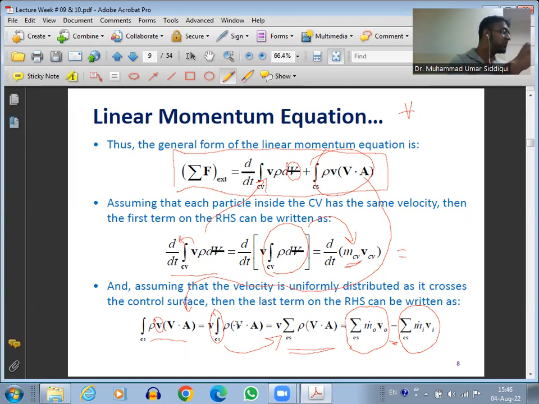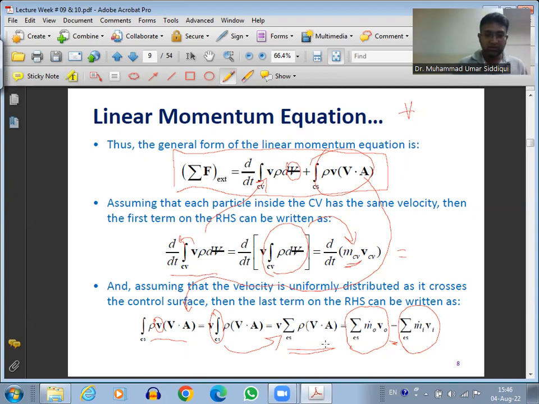Whenever the fluid is going into the control volume, the velocity has the inside direction, and the area will have the outside direction, because area is always directed outward. So we'll have an angle of 180 degrees, and cos of 180 degrees is -1. That's why inlets are always considered negative. This is something that we discussed in the last class when we were discussing the Reynolds transport theorem.